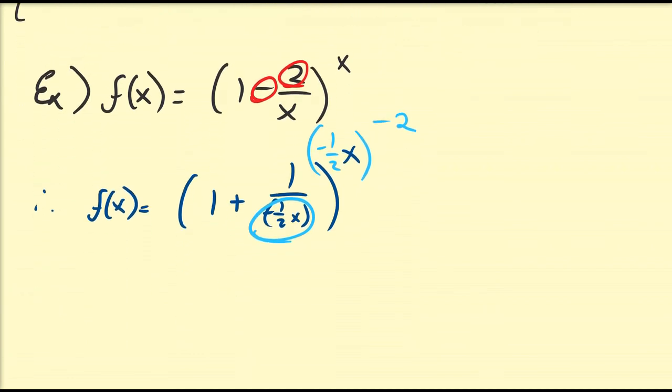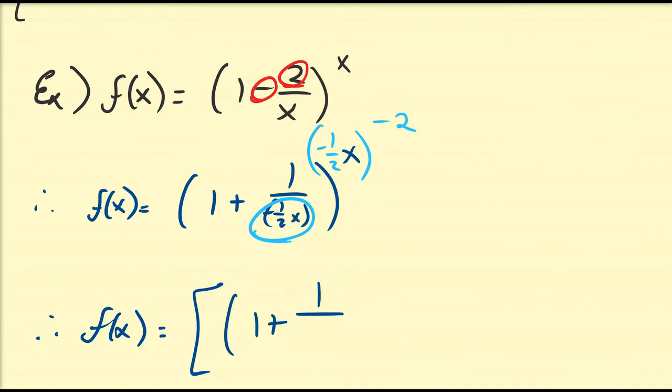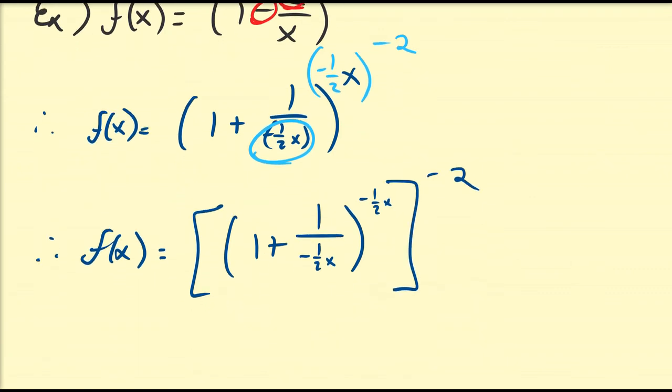So what I have here is f of x equal to (1 plus 1 over (negative 1/2 x)) to the power of negative 1/2 x, all to the power of negative 2. And this is my function, right? In particular, this is phi of u, where u is equal to negative 1/2 x, and phi is that function that I defined before.